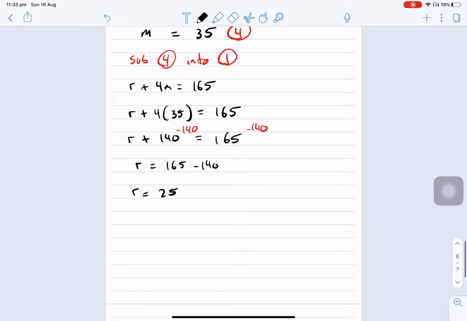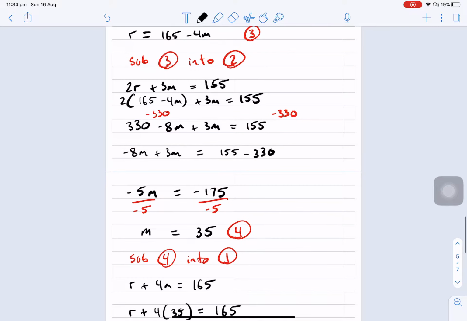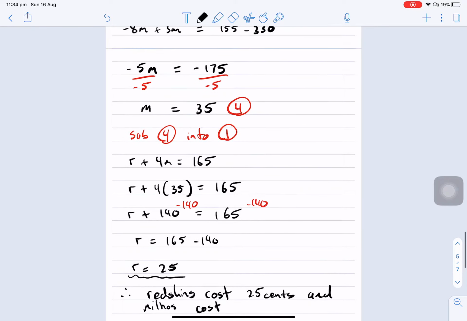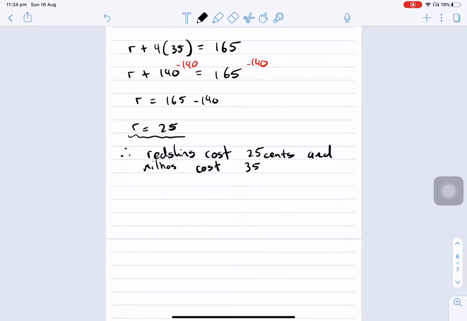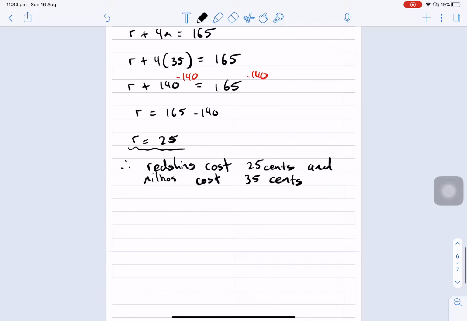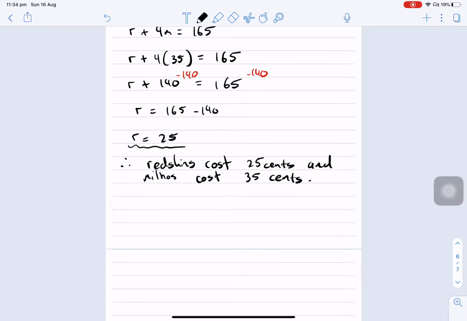So what we can say is therefore Redskins cost this R value here, 25 cents, and Milkos cost, what have we got up here? What was our M value? Our M value was equation 4 just here. So M equals 35, cost 35 cents, quite rightly. Milkos are far more delicious than Redskins. So Redskins cost 25 cents. Milkos cost 35 cents. So we solved that.